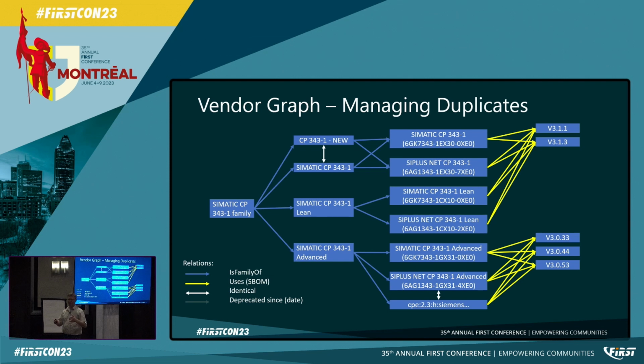So we don't invent the 15th version of naming things, but in such a graph, you can integrate all the other 14 versions of naming things, like CPEs or PURLs or whatever, ISBN and all of the others. You can arrange them in a graph and say this identifier is identical to that identifier.